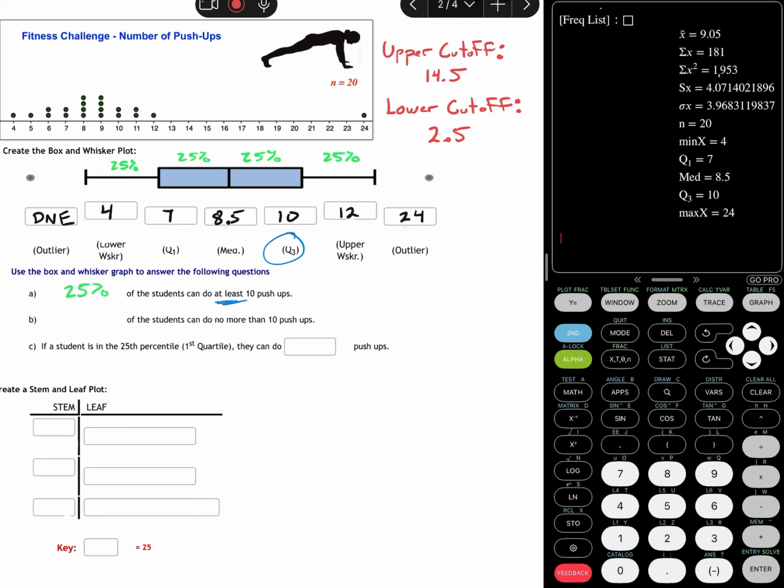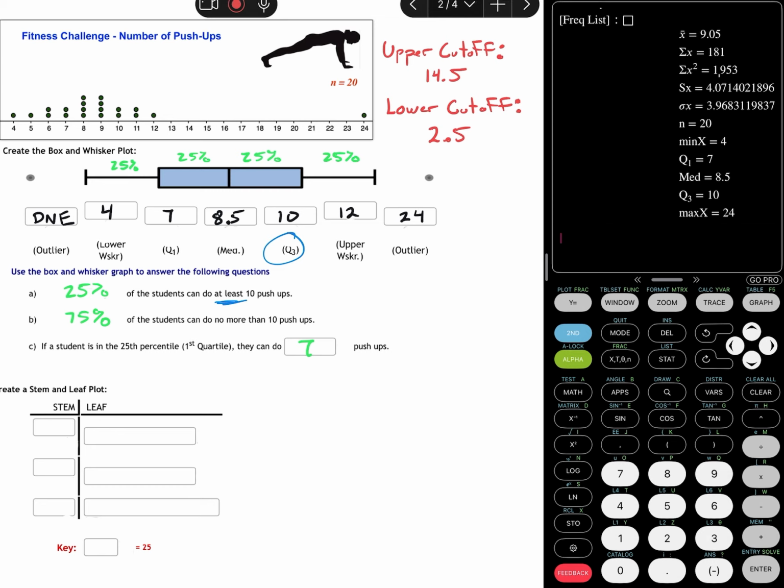So 10 or less, so that'd be 75%, because that's everybody else. And if a student is in the 25th percentile, that's the first quartile, that means they can do Q1, that means they can do 7 push-ups. So that's how you use a box and whisker plot to talk about percents of a population.